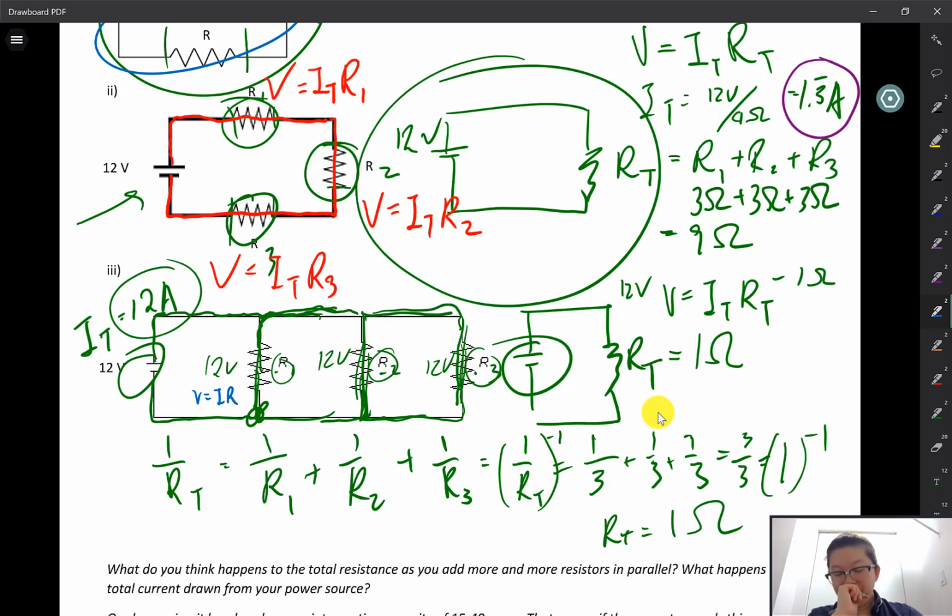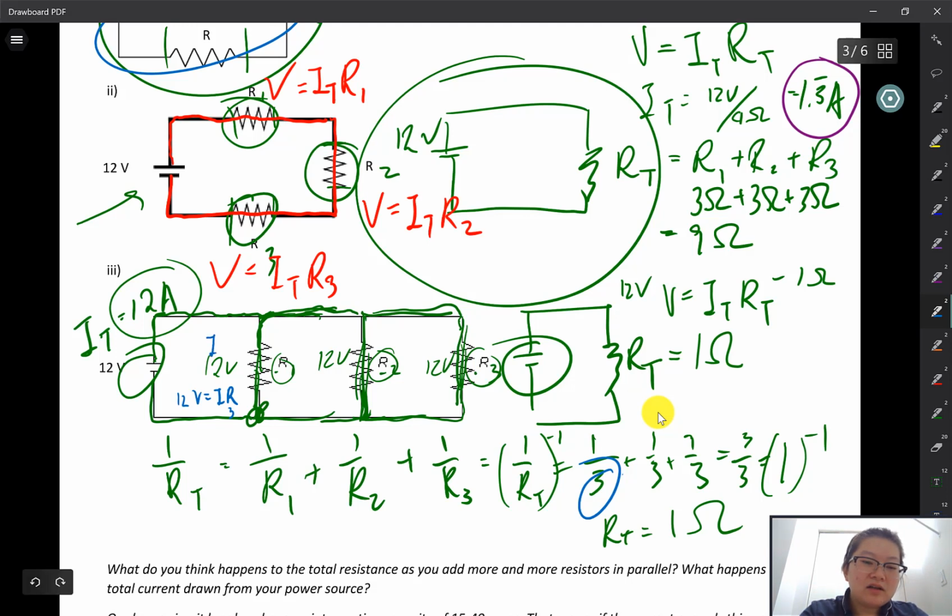Since we know what the resistance is, 3 ohms, then we can use this one. This is 12, and then R is 3. So 12 divided by 3 is just going to give us 4.